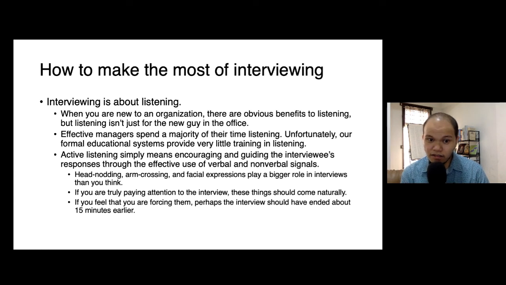Now, active listening simply means encouraging and guiding the interviewee's responses through the effective use of verbal and nonverbal cues. Nodding, body language like arm crossing, and facial expressions play a role in interviews.